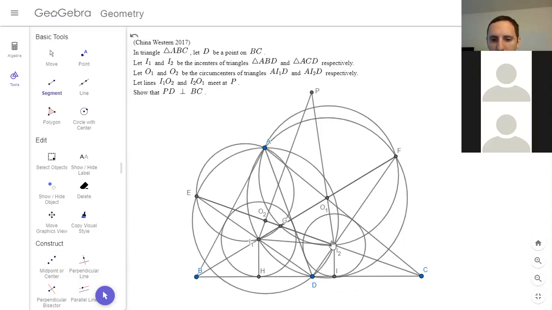So I think we can find a lot of relationships between these lengths, since I1D, I2 is a right triangle, and these are also right triangles. So yeah, I think we want to use that.